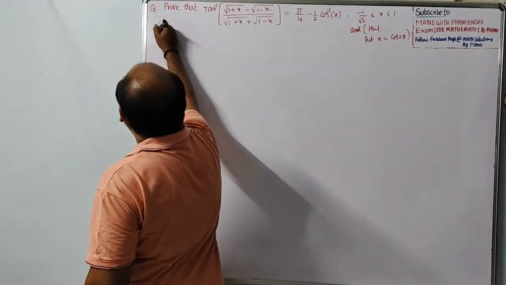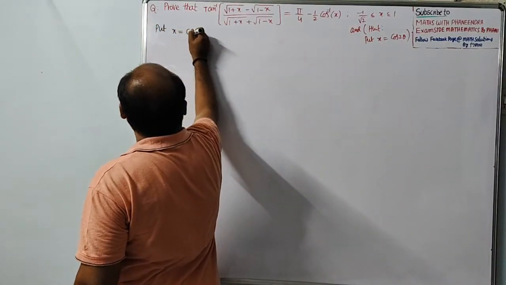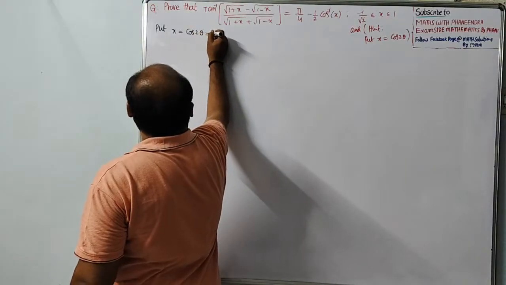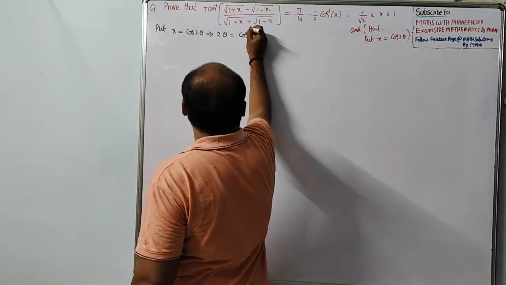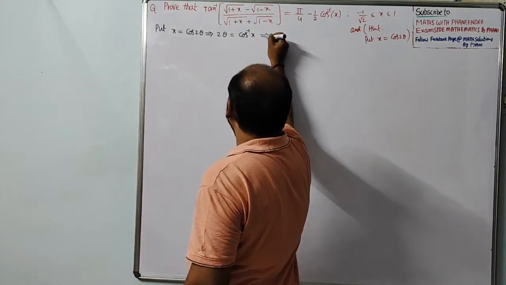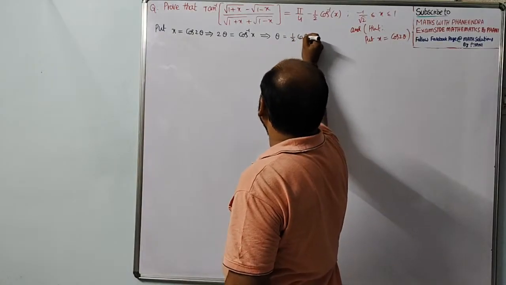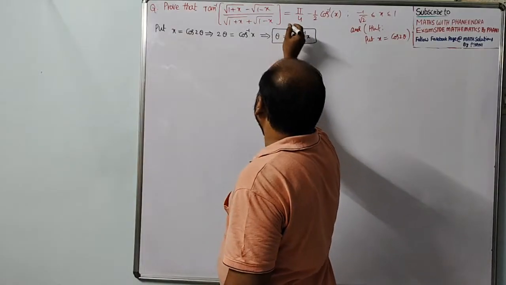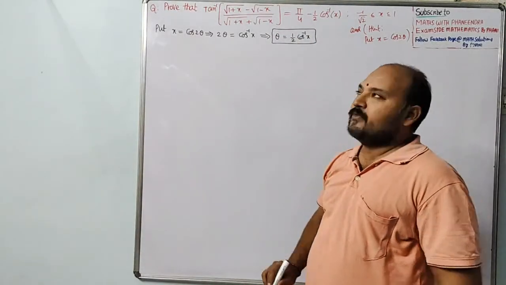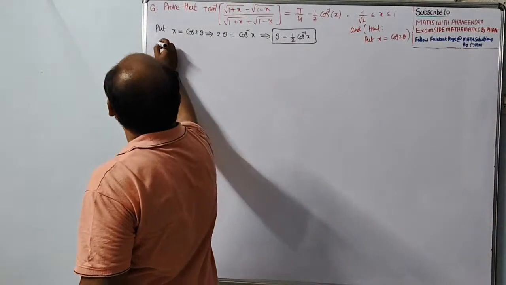So take that. Put x is equal to cos 2 theta. That implies that 2 theta equals cos inverse of x. That also implies that theta equals 1 by 2 cos inverse of x. So from x we got the theta value. Next, for 1 plus x and 1 minus x, we can calculate the values.